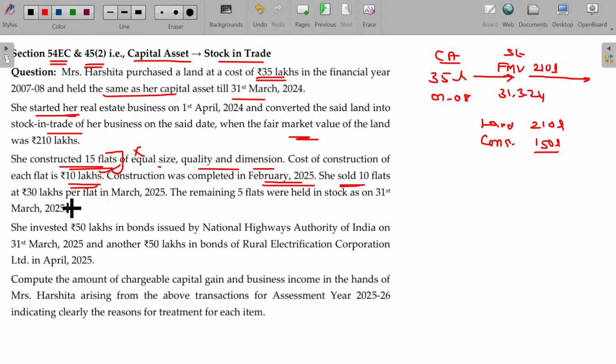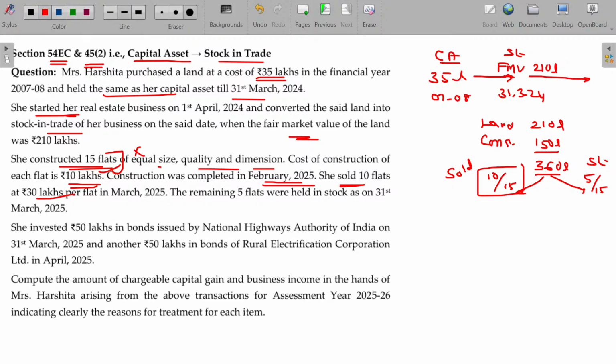She sold 10 flats at rupees 30 lakhs each. The total cost of the property is 360 lakhs. Here 10 flats out of 15 are sold, and the remaining 5 out of 15 remain as stock.